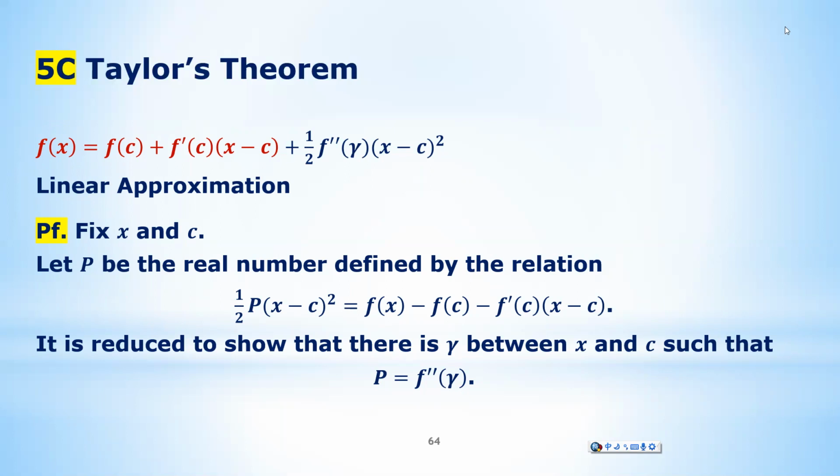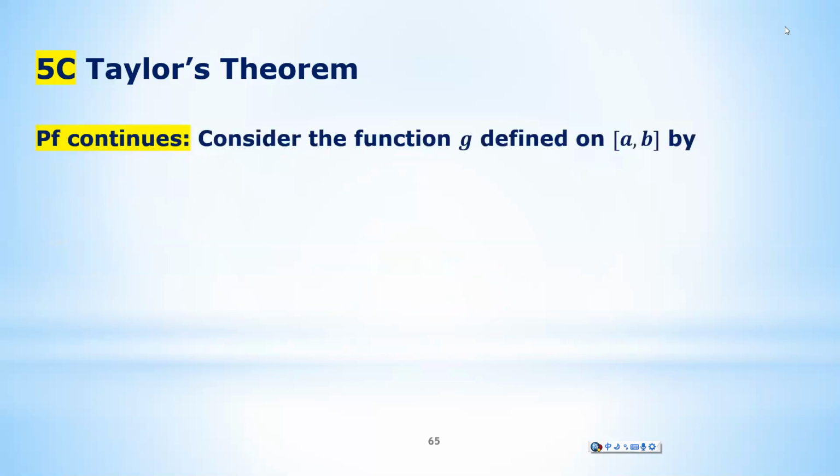I consider x a fixed point, frozen, and look at everything varying in the variable y. The only difference is that 1/2 times the second derivative at gamma is replaced by p. So it's the same, with c replaced by y.